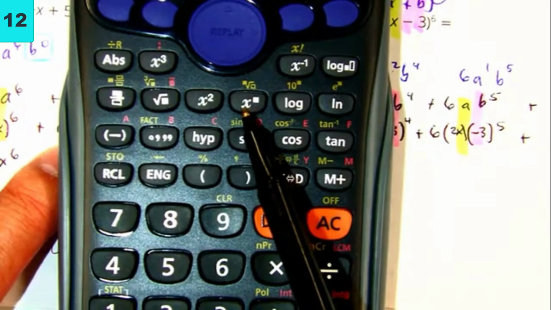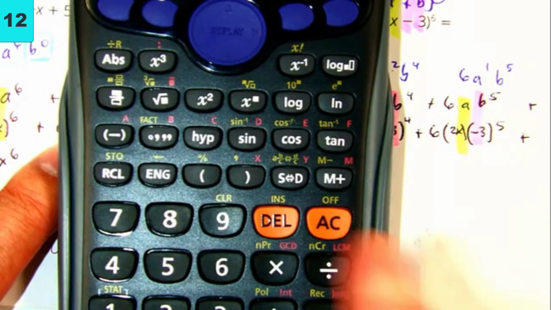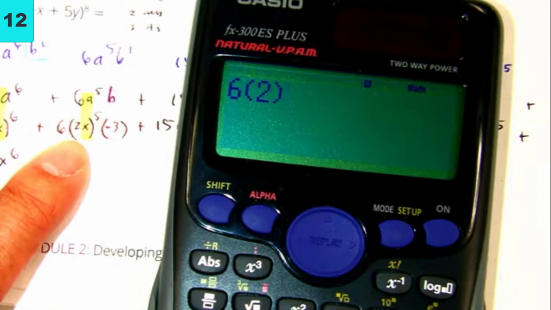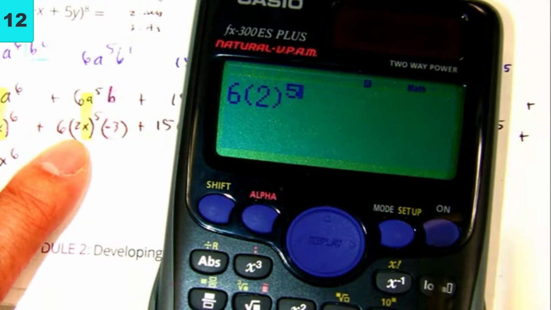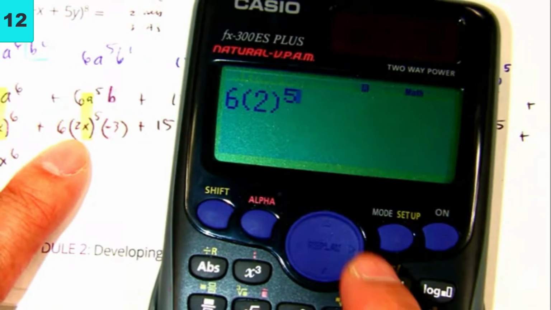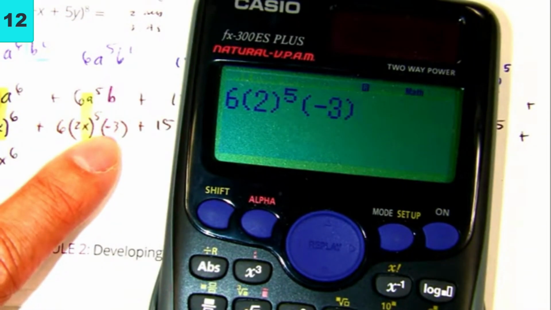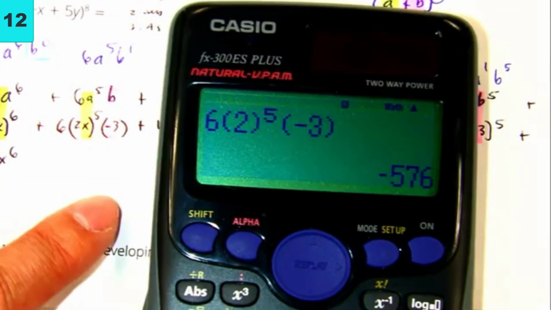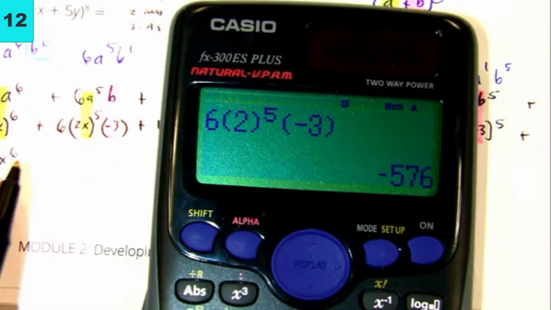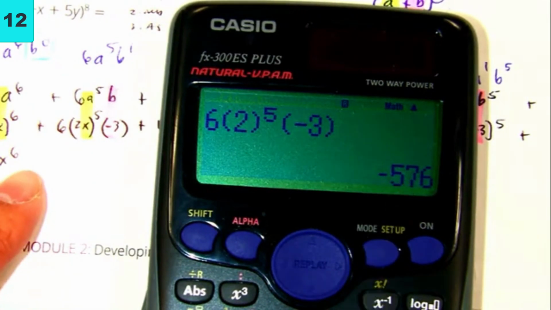Now your calculator might have in the background x to the y or y to the x power. 5. To get out of the exponent, you press the right arrow, and then times -3. Now, pay attention. This is actually going to tell you if your answer is going to be positive or negative. Yesterday's lesson, they were all positive. Now it's negative. Negative 576.